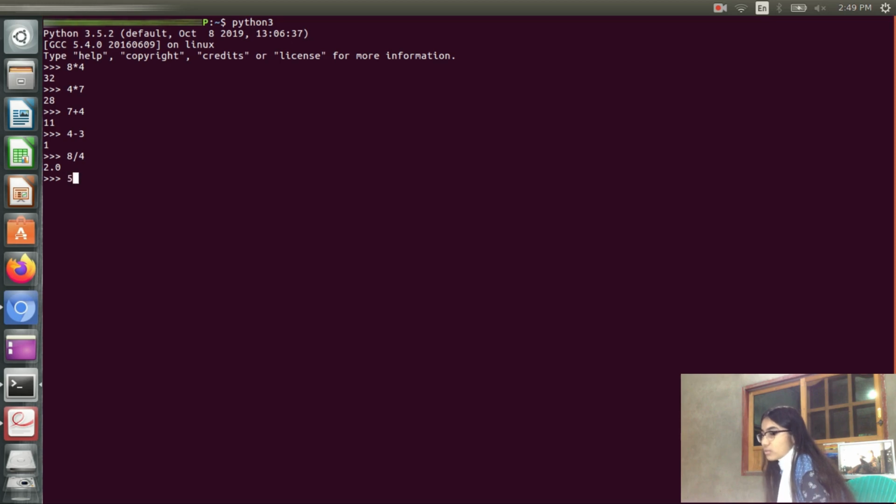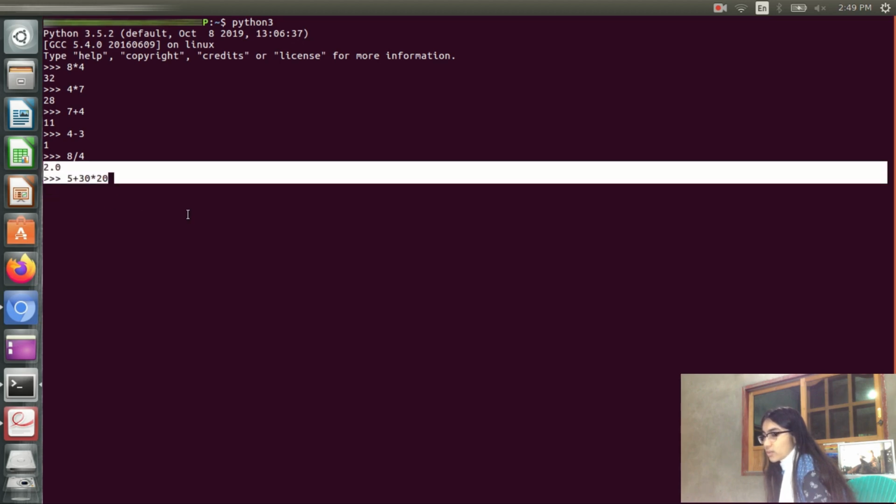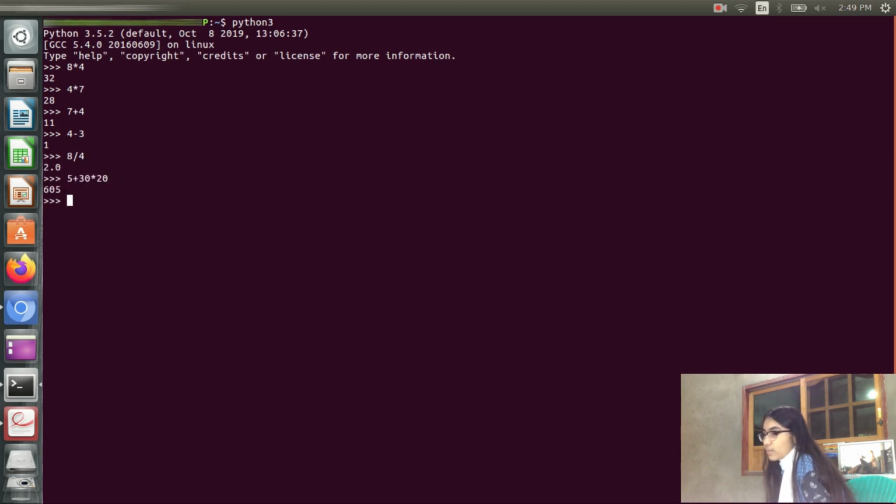Whenever we use an equation like 5 plus 30 into 20, firstly Python will multiply 30 by 20 and then add 5 to it. It will be the answer 605. But whenever we use parentheses, which are actually brackets in simple language, it will separate the equation into small pieces.